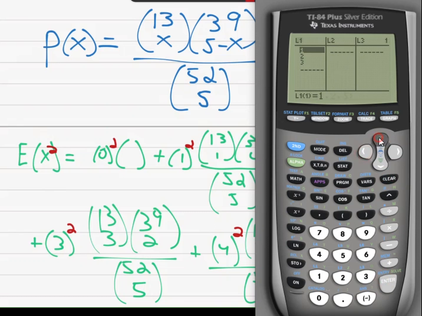So I'm going to clear out these lists, and I'm going to show you these calculations performed by the graphing calculator. So first I need the 0, 1, 2, 3, 4, and 5, right? Those are my outcomes. Those are all possible outcomes there in L1. And now in L2, I'd like to write a formula. I basically am going to be writing this formula right here.